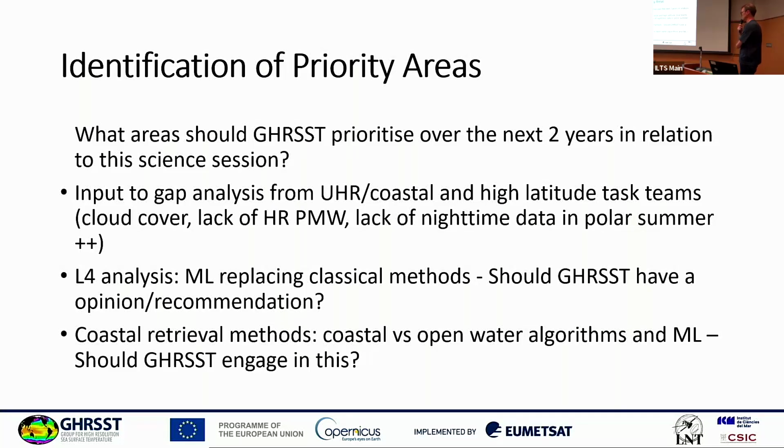There was a discussion here, mentioning that the gap analysis of the ultra high resolution and coastal high latitude task teams could contribute to this. There are several challenges or gaps that could be better analyzed. Cloud cover being one, the lack of high resolution passive microwave.